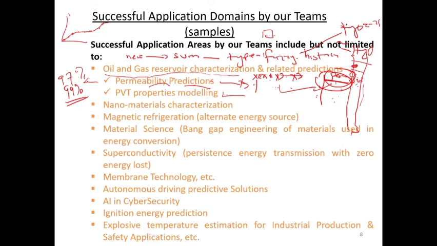So if we are able to predict permeability to the satisfaction of people based on historical data, then they can rely on it for the next well logging or the next well digging that is going to be carried out, which is very, very important.